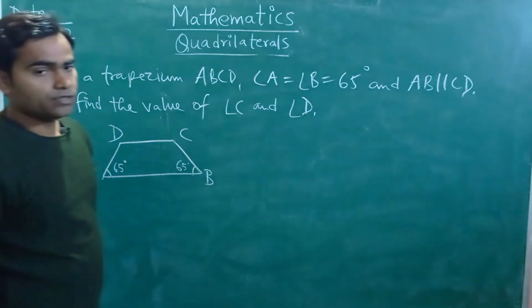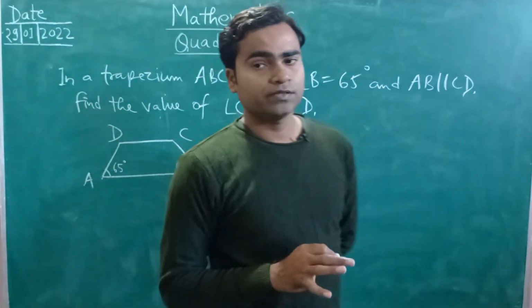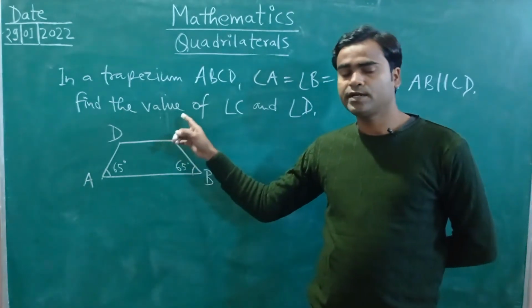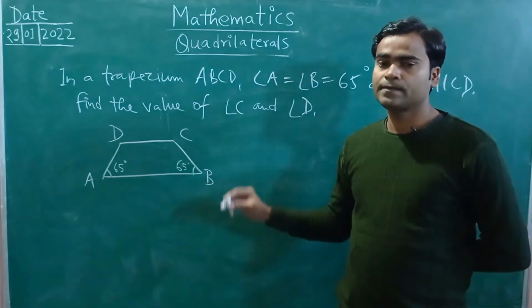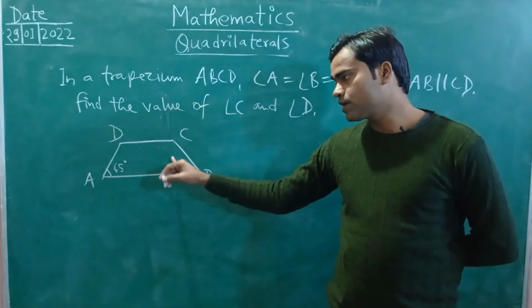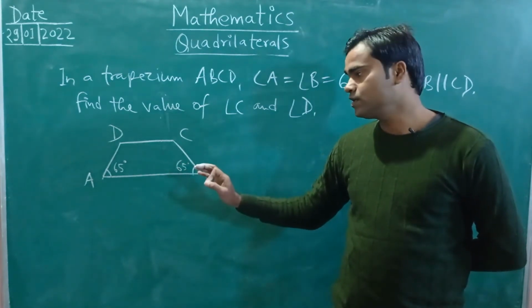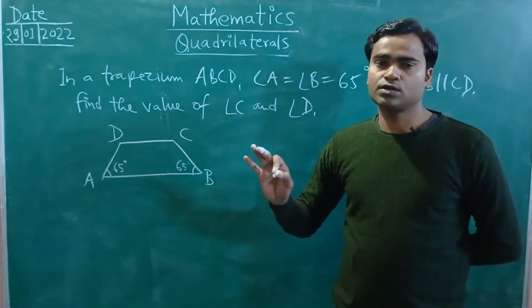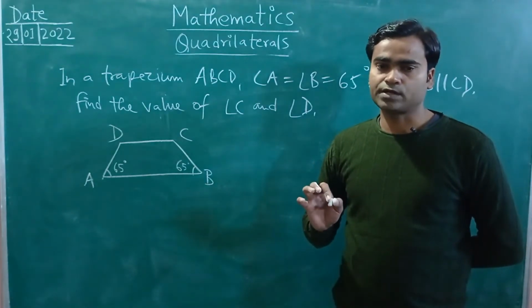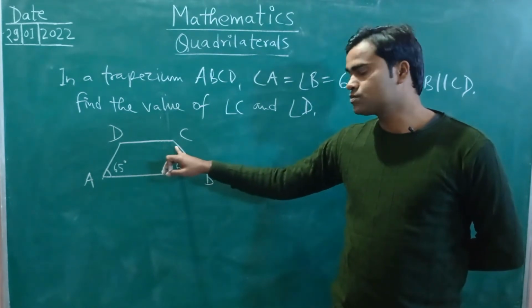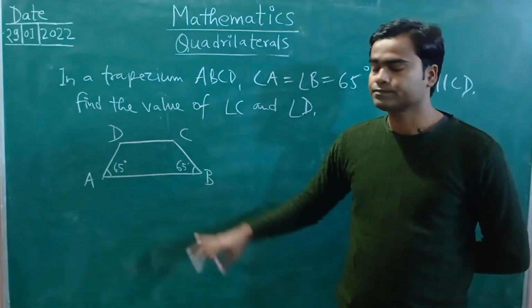So students, you certainly know that if there are two parallel lines AB and CD and a transversal BC is there, then sum of these two angles should be 180 degree. This property is called co-interior angle sum property. The sum of angle B and angle C should be 180 degree.